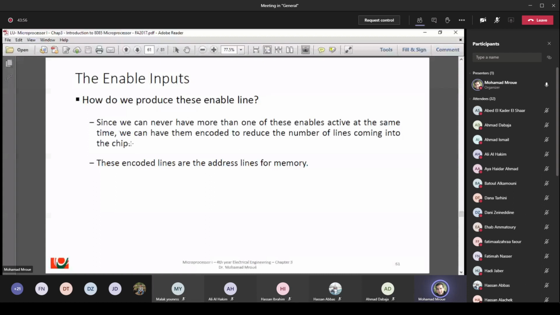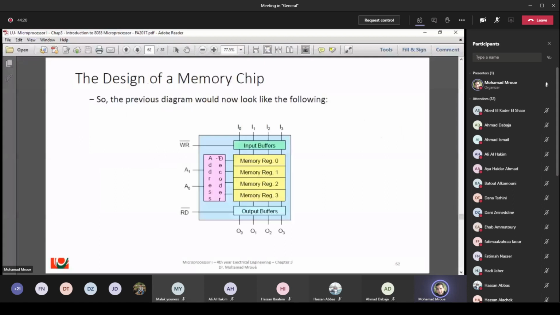How do we produce these enable lines? Since we can never have more than one of these enables active at the same time, we can have them encoded to reduce the number of lines coming into the chip. These encoded lines are the address lines for memory. For this purpose, we use an address decoder.